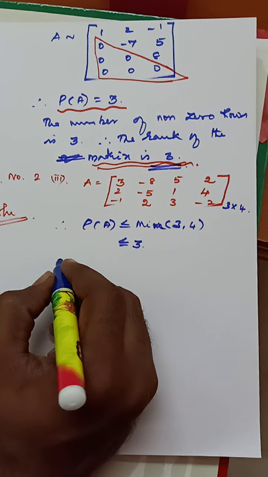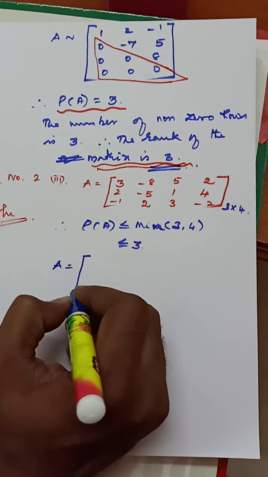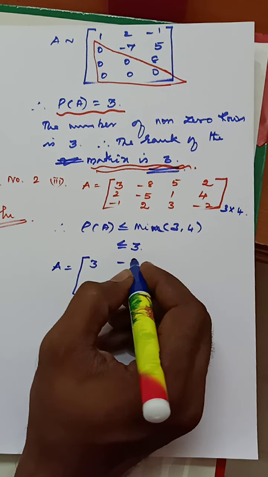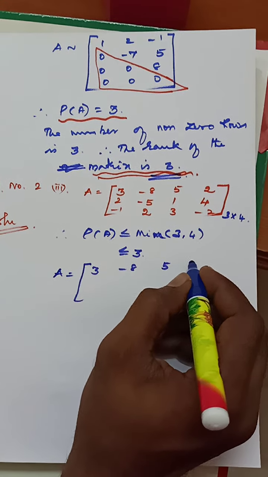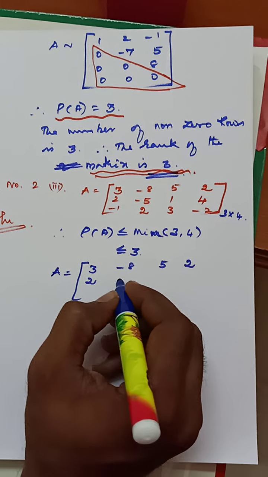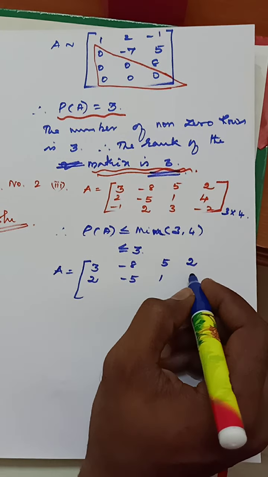Now your A is given. Once again we will rewrite. It is 3, minus 8, 5, 2, and 2, minus 5, 1, 4.